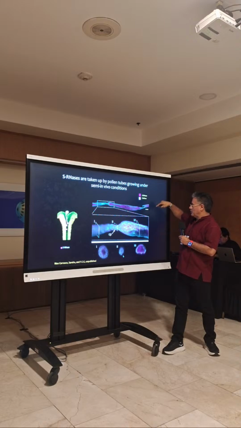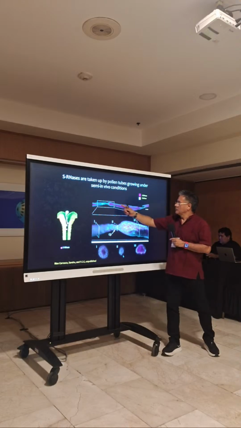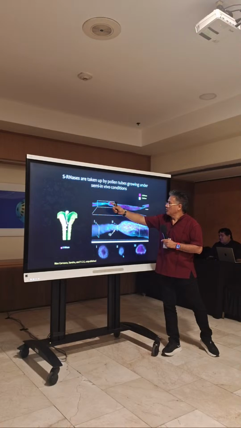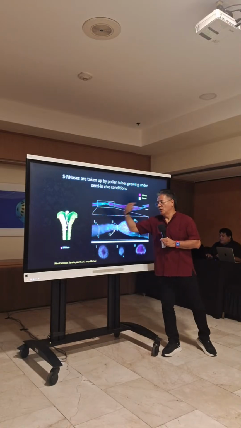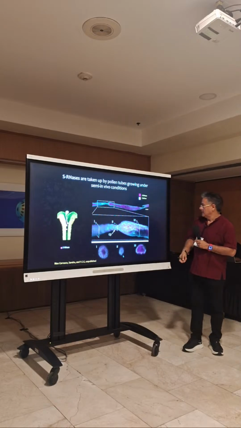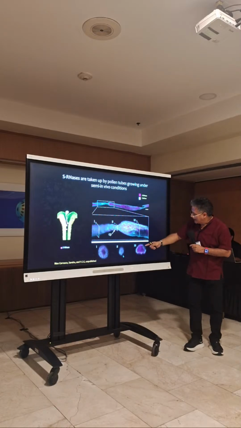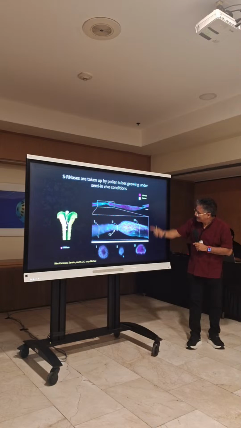Here at this point is the tip of the pollen tube, and also you can see here a plot dividing the live part of the pollen tube from the old part. So the sRNAs is here, and look, we can see very close to the tip large amounts of the sRNAs.